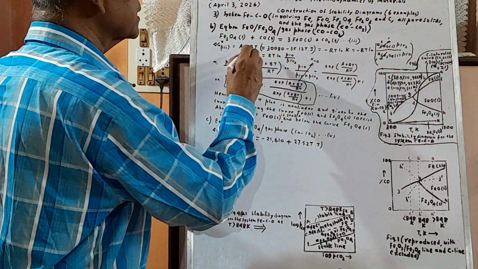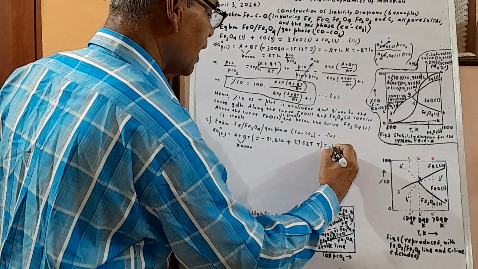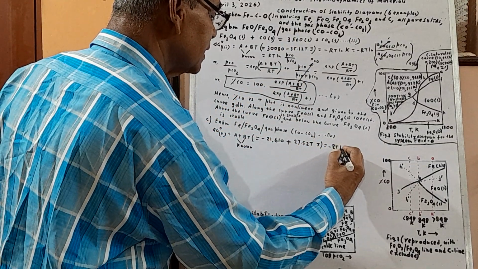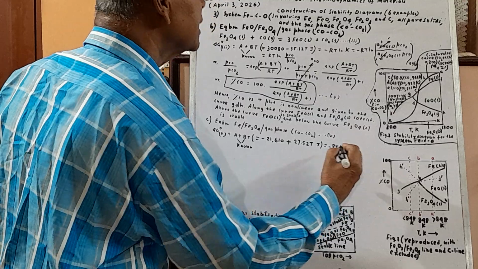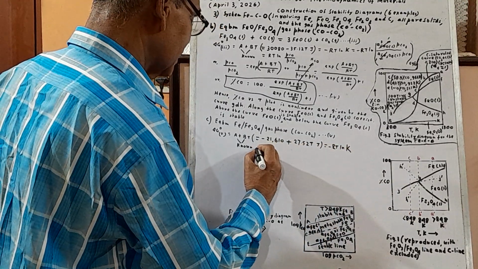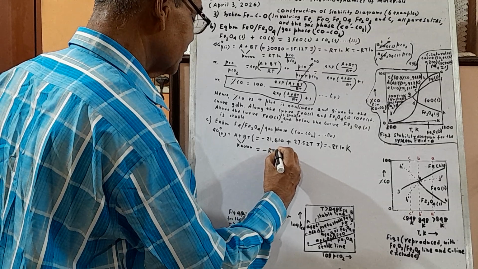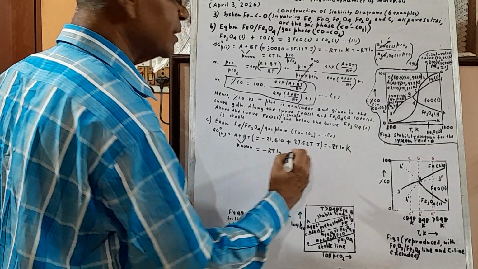This is simply minus RT ln K. What is the equilibrium constant?